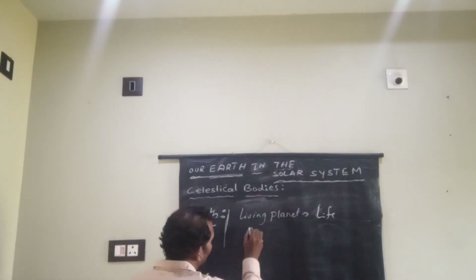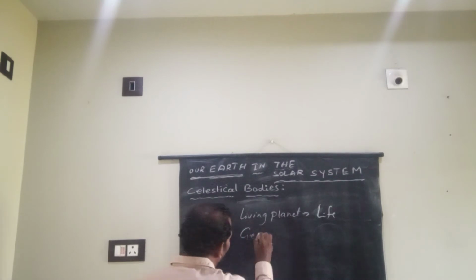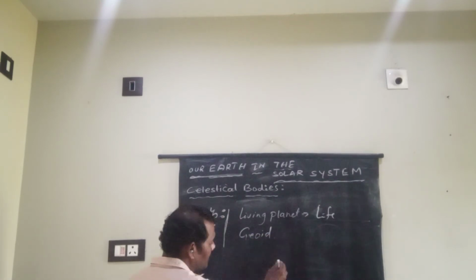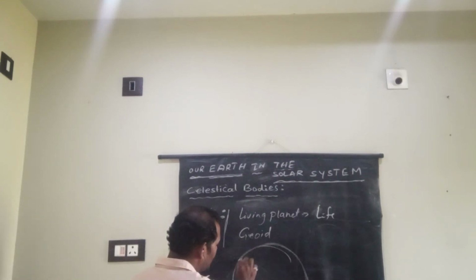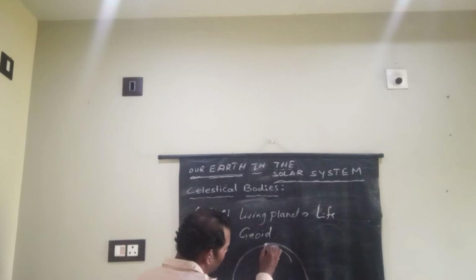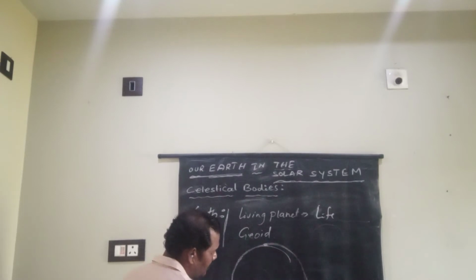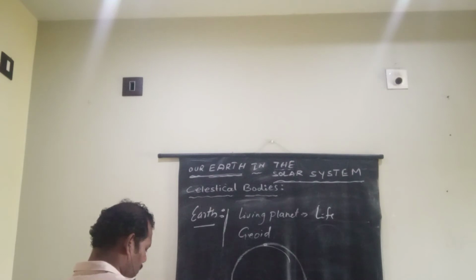Geoid. Already we have discussed. Geoid means the earth's shape is slightly flattened at the poles.